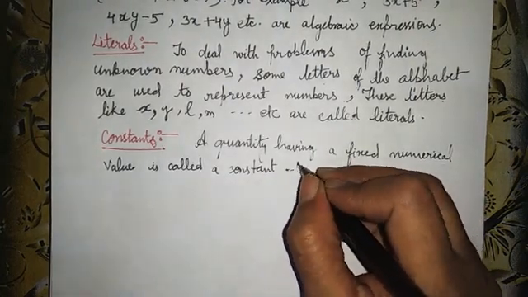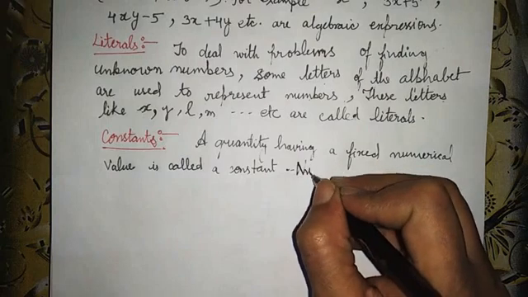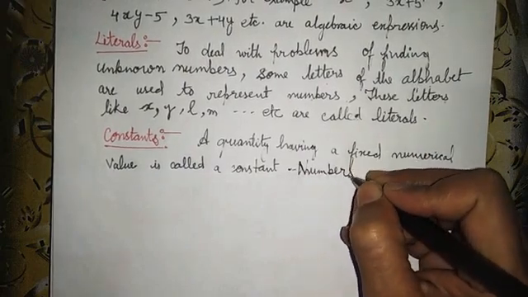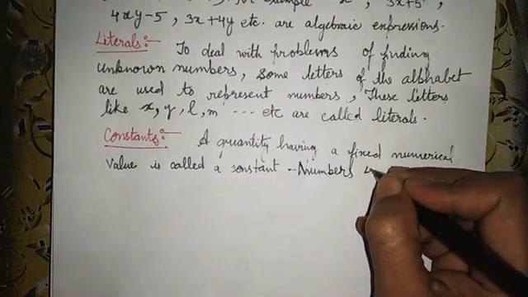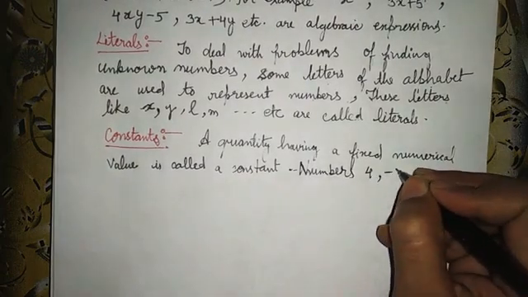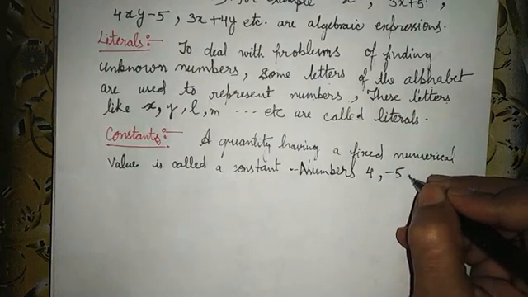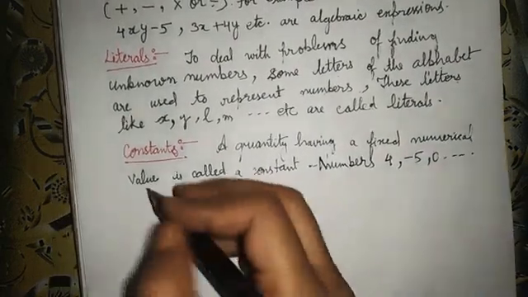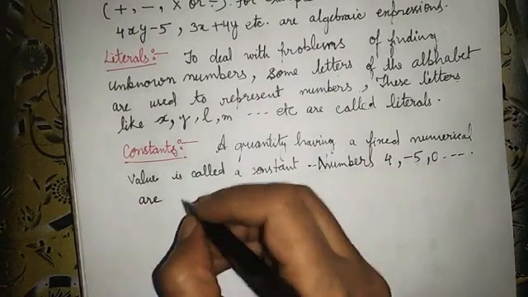Some examples I am giving you: the numbers 4, -5, 0, these all are constants.